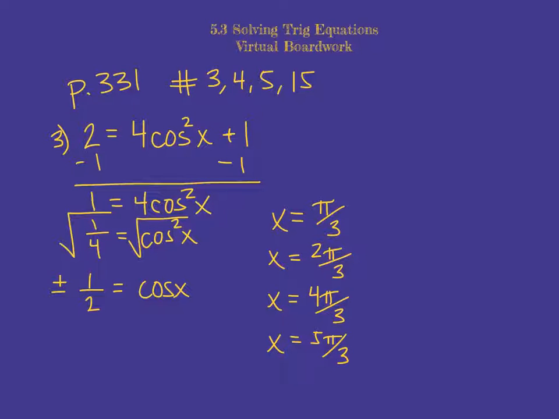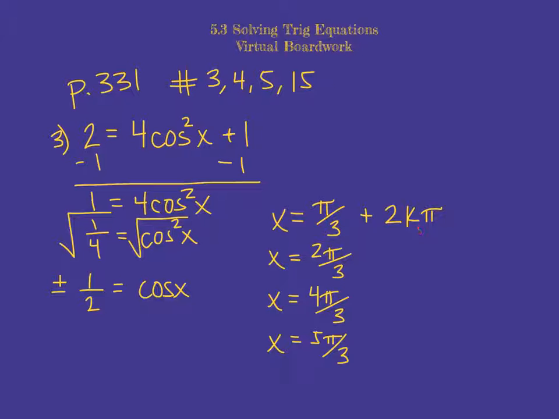Okay, the period of cosine is 2 pi, meaning it takes 2 pi radians for one cosine cycle to be completed. Therefore, we have to add on 2k pi. Your book uses n. It doesn't really matter what variable you use. In this case, I've just been using k.